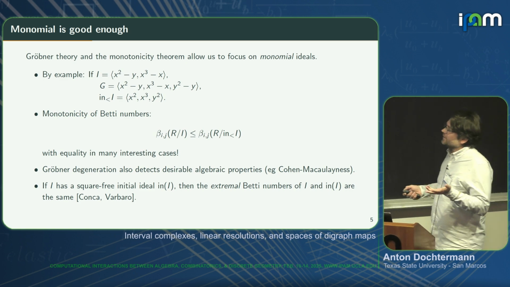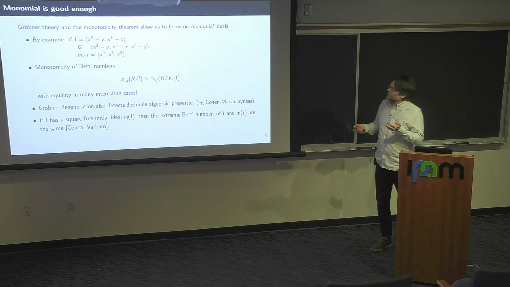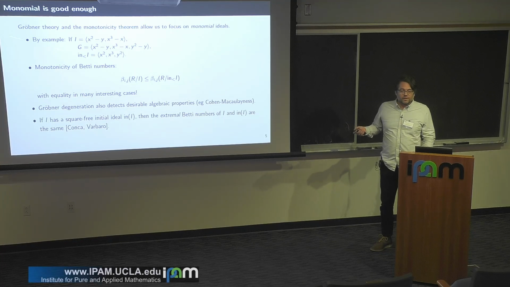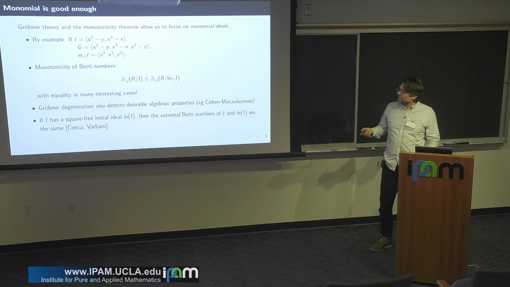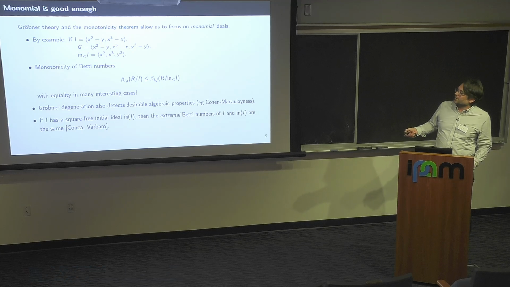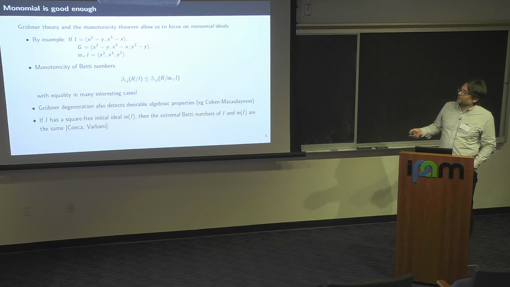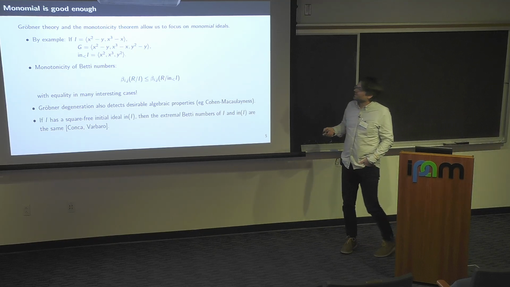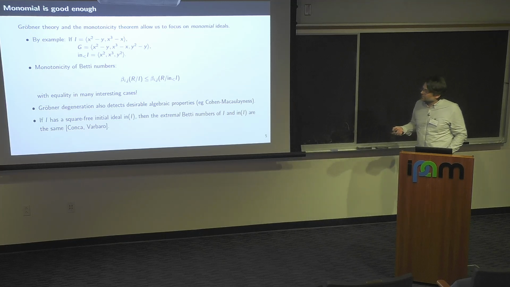This is nice because it's related to what I've been talking about: the Betti numbers of the initial ideal bound the ones you care about, the Betti numbers of the ideal. I also consider binomial ideals sometimes, and often when you look at things that come up in nature, you do get equality here, and that's an interesting story as well.